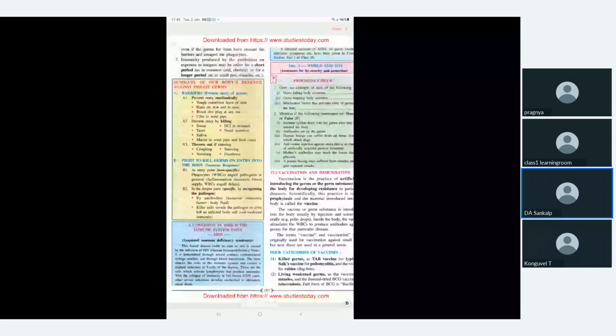Sir, how does sweat and tears help in killing bacteria? See, do you remember salt, malt, galt, balt? I told you. Do you remember or not? No, sir. Just a minute. What is called salt?